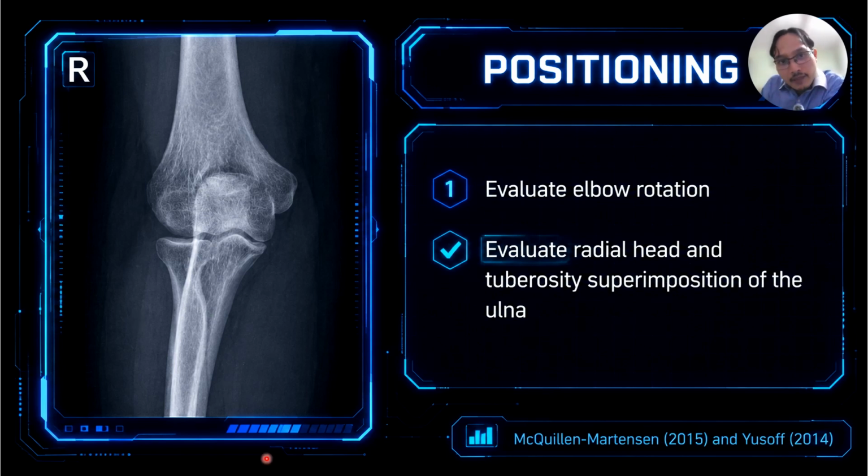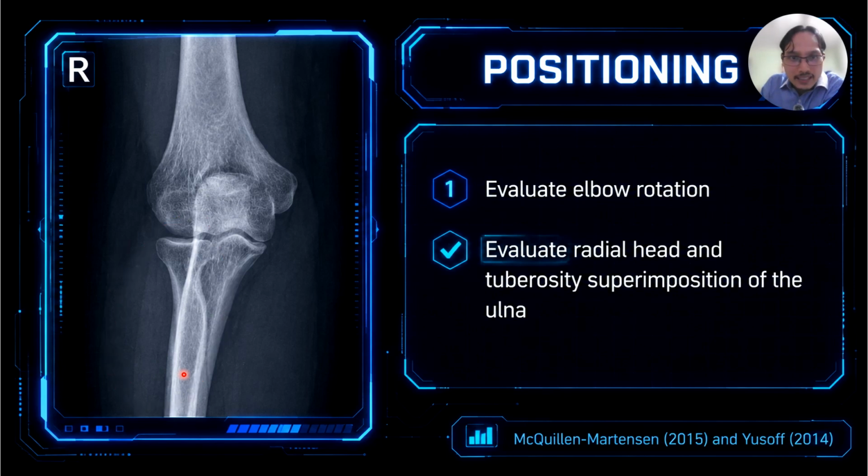Firstly, we evaluate elbow rotation. We need to evaluate radial head and tuberosity superimposition of the ulna. The humeral epicondyles are not in profile and more than 1/8 of the radial head is superimposed over the ulna.